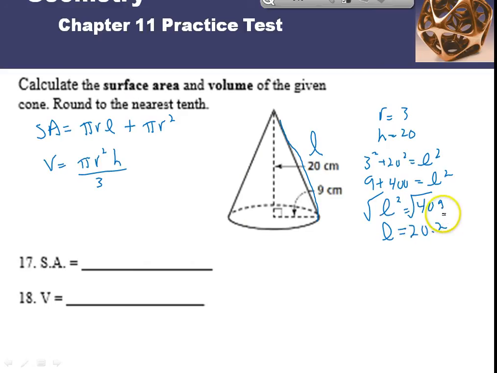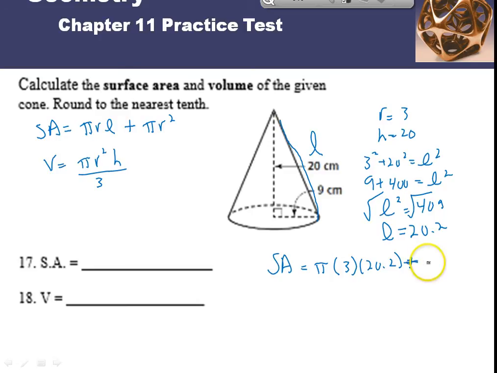Okay, so now I have R, H, and L, and that's all I need for these formulas. So the surface area is pi R, which is 3, and L, which is 20.2. So it's at 60.6 pi. Oh, wait, sorry.